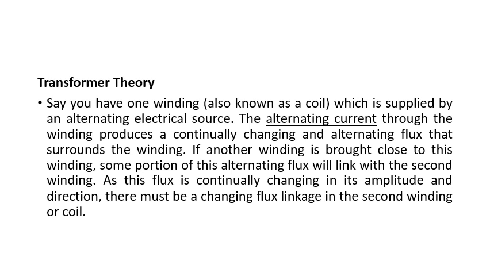If alternating flux is there and you bring another winding, another coil close to this previous coil, then some portion of this alternating flux will link to the second one. And this flux is continuously changing. If the flux is continuously changing in its amplitude and direction, there must be a changing flux linkage to the second winding of the coil.